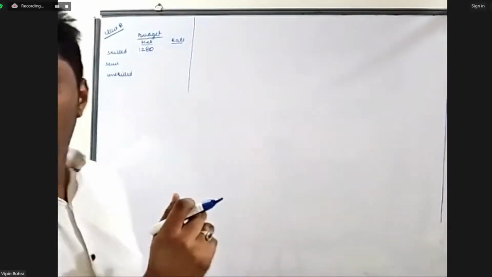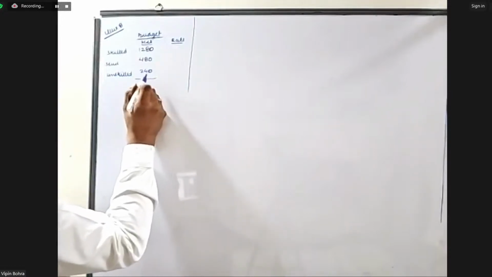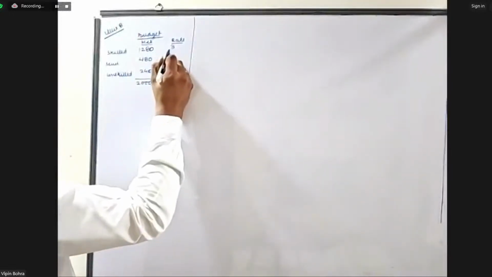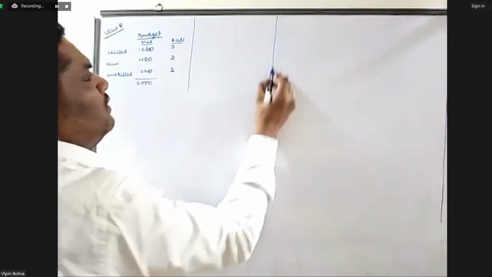That is the standard number of workers in the gang is 32 into 40 hours a week. So 1280 hours. Similarly, 12 into 40, 480 hours. 6 into 40, this will be 240 hours. When talking about the rate, it is given that is 3, 2, and 1. This is the budgeted data given.